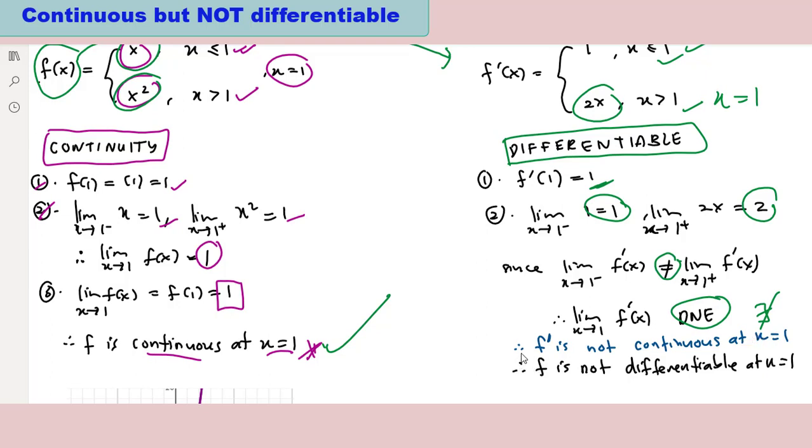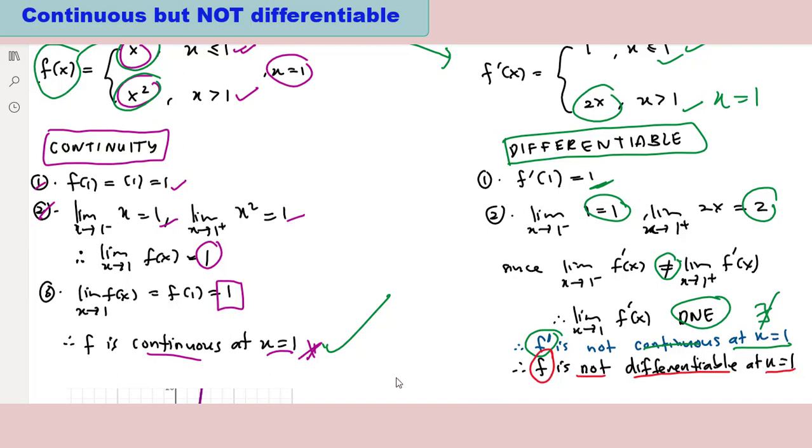So f prime is not continuous at x equals 1, and f is not differentiable at x equals 1.